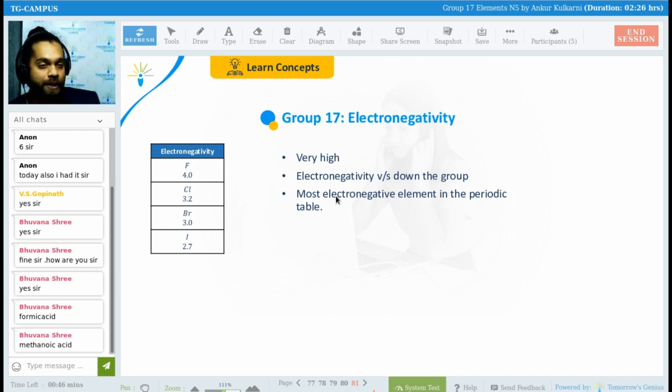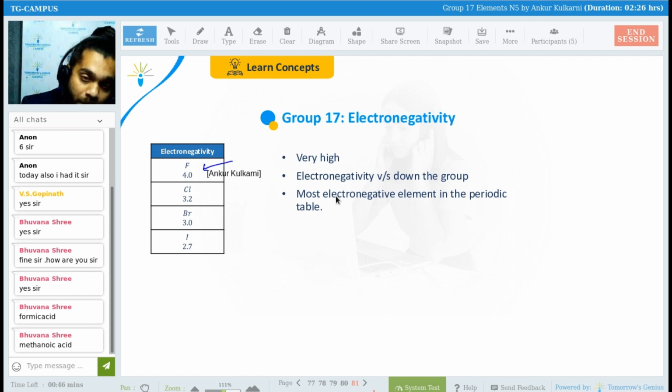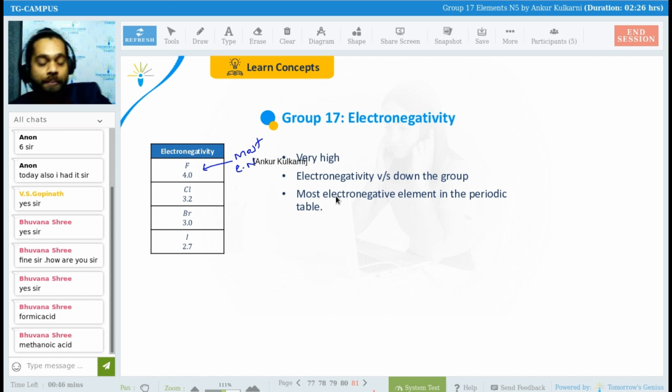Tendency to pull electron towards itself. Correct? So the halogens are the most electronegative elements in the periodic table, and fluorine is the most electronegative element. Most electronegative element in the periodic table, that is nothing but your fluorine. So fluorine is the most electronegative element.